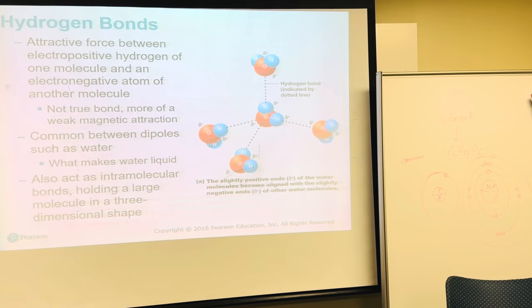When we say hydrogen bond, what is happening? In one water molecule, we have this oxygen, which is slightly electronegative. These hydrogens are slightly electropositive. If you put another water molecule, it also has electropositive hydrogen, which will be attracted toward the electronegative oxygen of the other molecule, and this electronegative oxygen will be attracted toward the electropositive hydrogens of the other molecule.